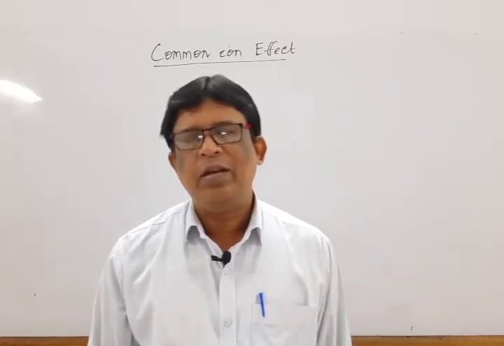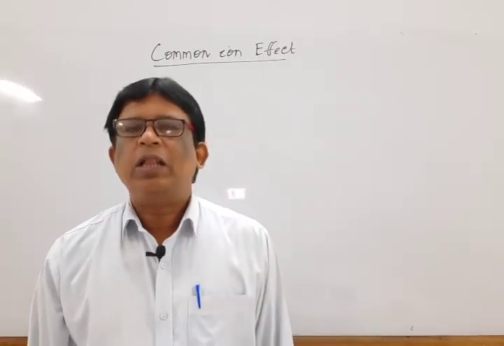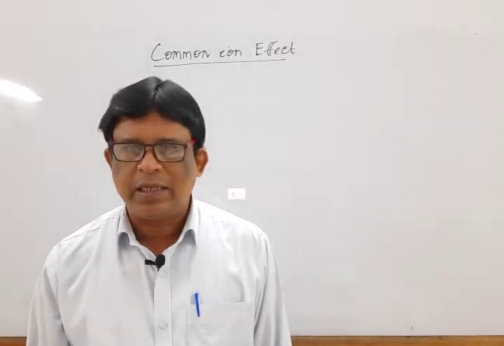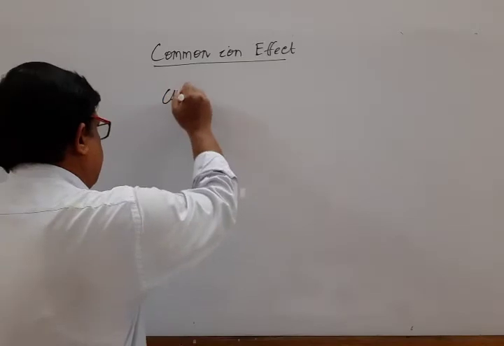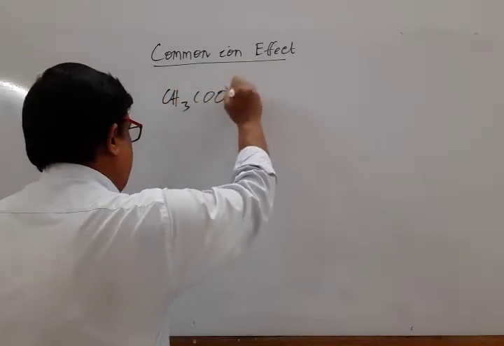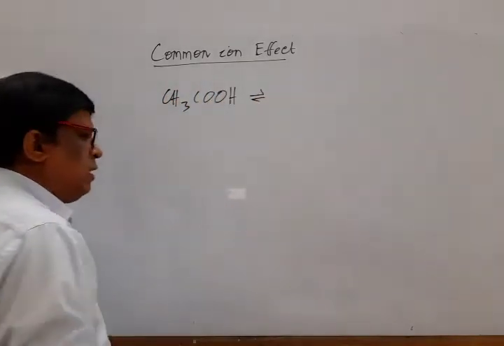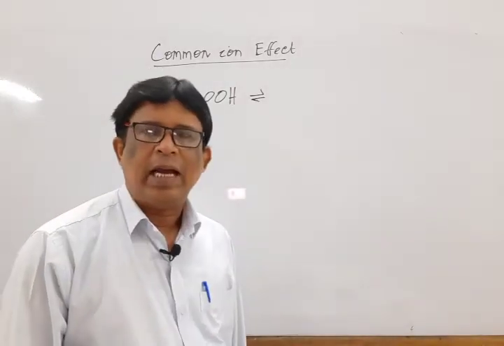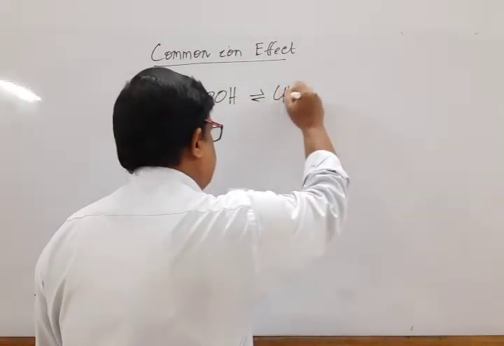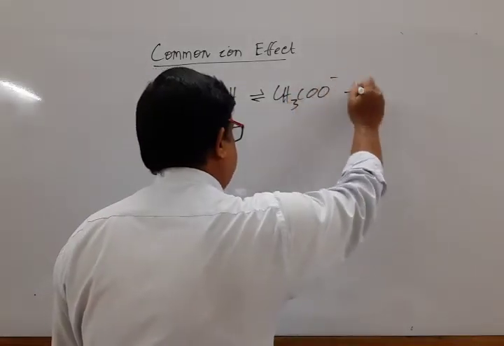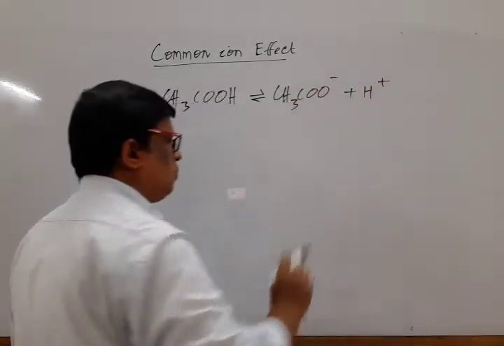For example, let us consider the ionization of acetic acid. Mark that. CH3COOH, as it is a weak electrolyte, it ionizes partially to give acetate ion plus proton.